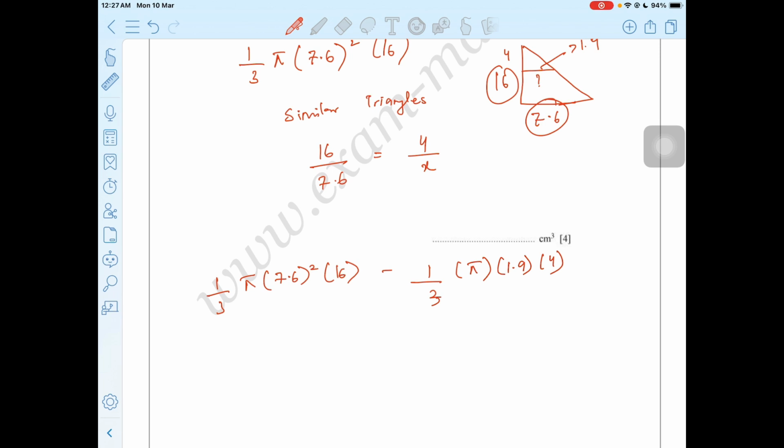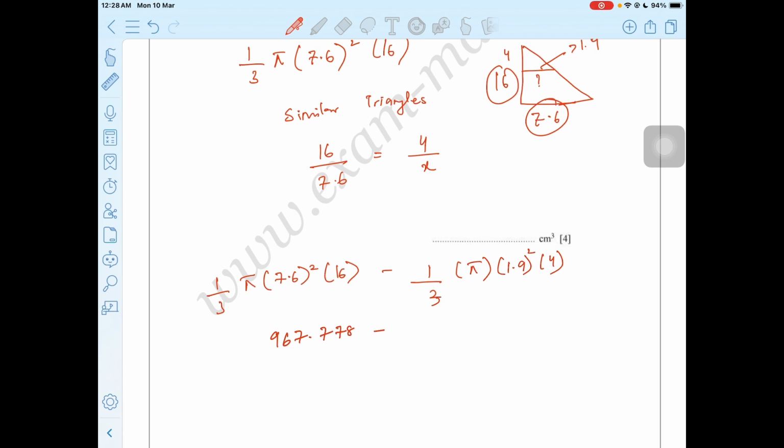We get our answer as 7967.778. Then we can calculate this: 1/3 pi into 1.9 squared, and then 4.